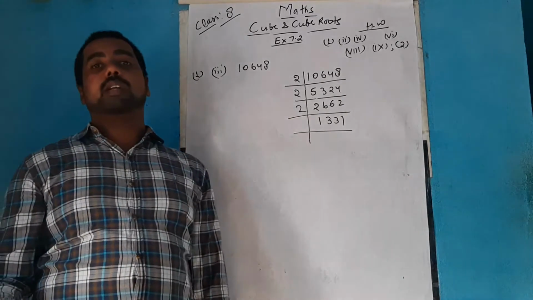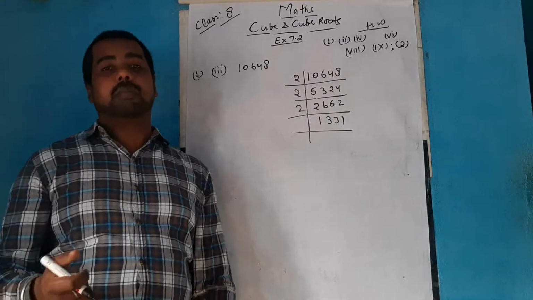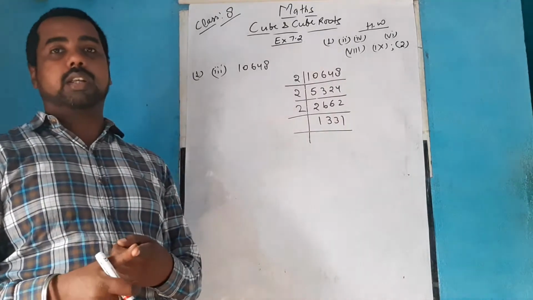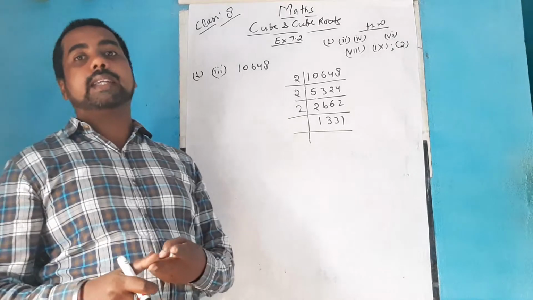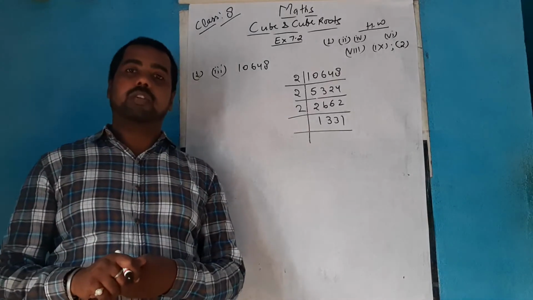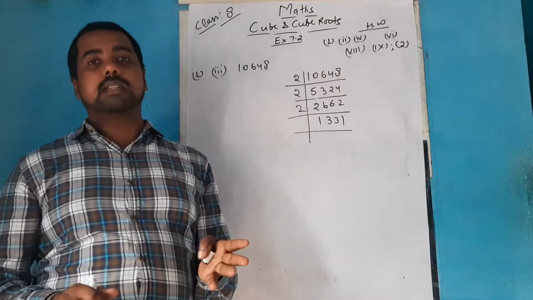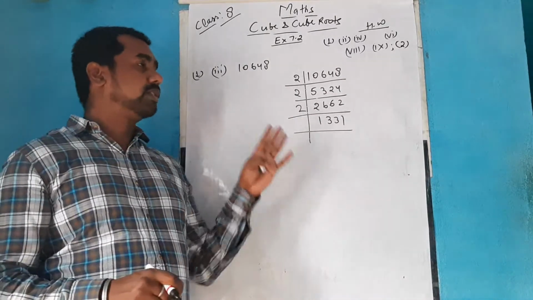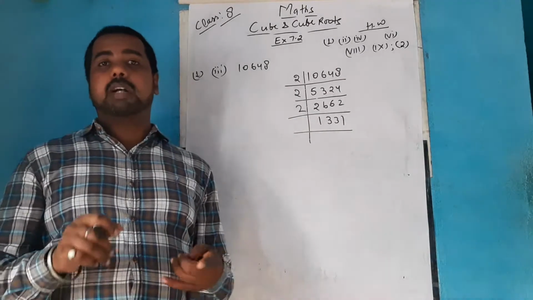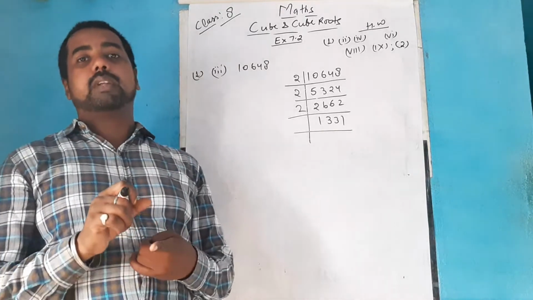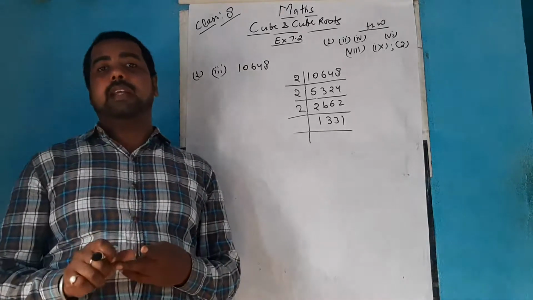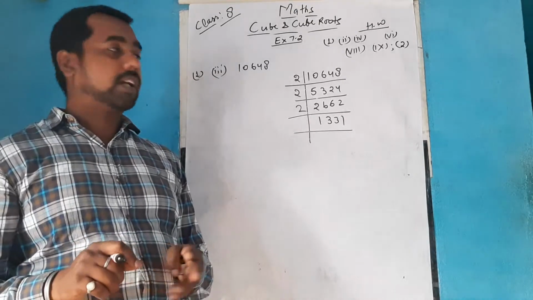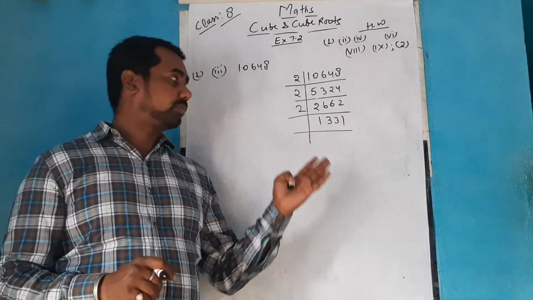At least learn the cubes of prime numbers like 11, 13, 17, 19, because the other numbers would be divisible by the previous numbers lying between 1 and 10. But for the cubes of 11, 13, 17, 19, you should always learn them. That will make your calculation easier.